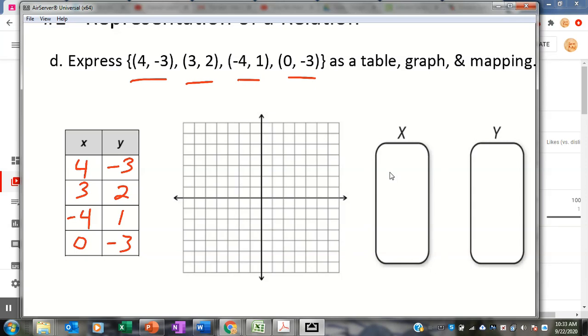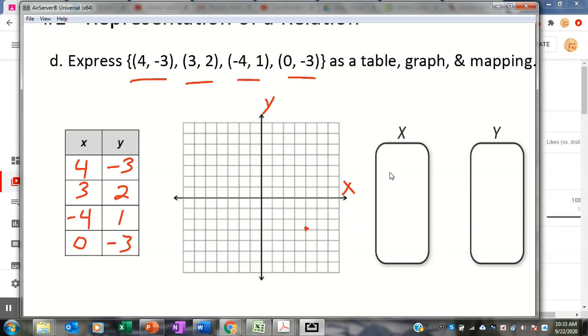Followed by that, we are going to plot these. Remember, it's x and then y. Don't forget, this is our x-axis, this is our y-axis. So this first number in the ordered pair, 4, we have to go to the right 4. Then we go down 3. 1, 2, 3, down 3. That's going to put us right there.